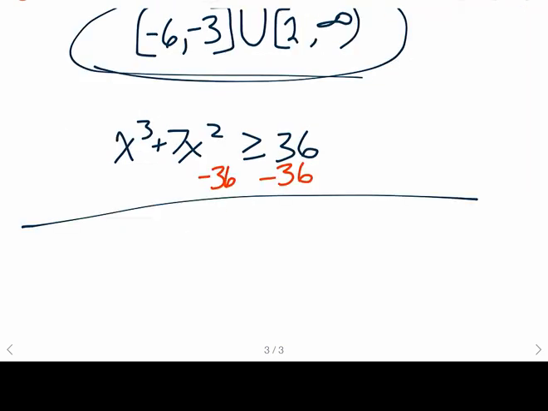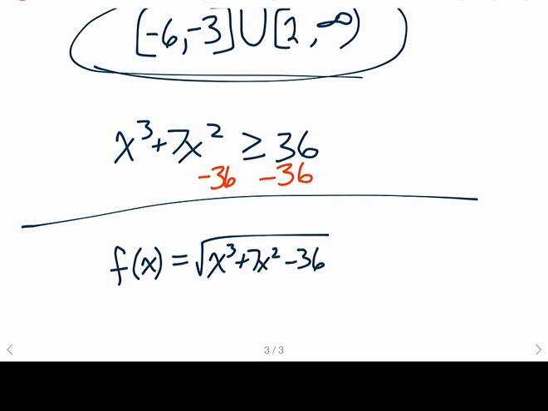So I want to make one last consideration that maybe puts a little bit of context and possibly meaning to what we've just done. Suppose we had a function f of x is equal to the square root of x cubed plus 7x squared minus 36. And suppose I wanted to know the domain of this function. I would be looking for values that don't make the radicand negative, right?